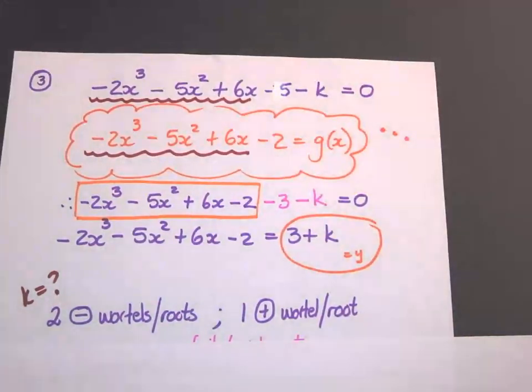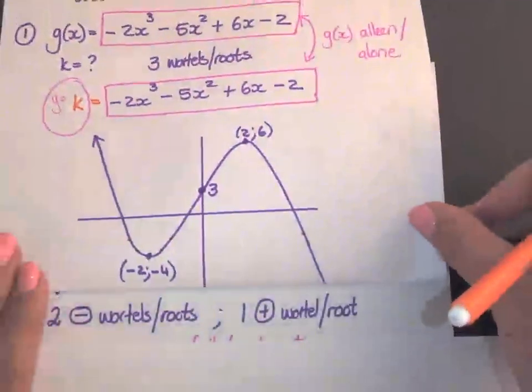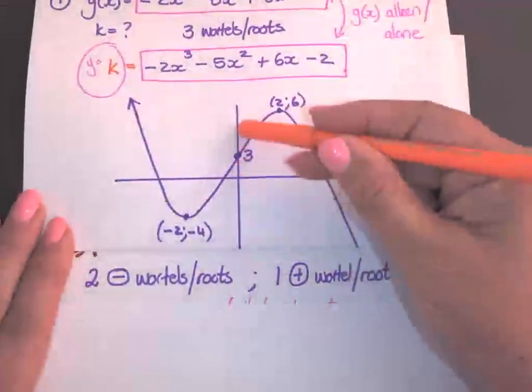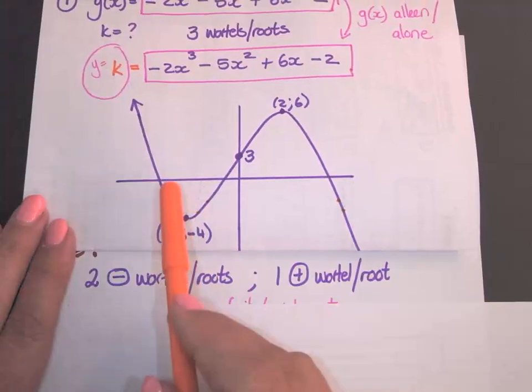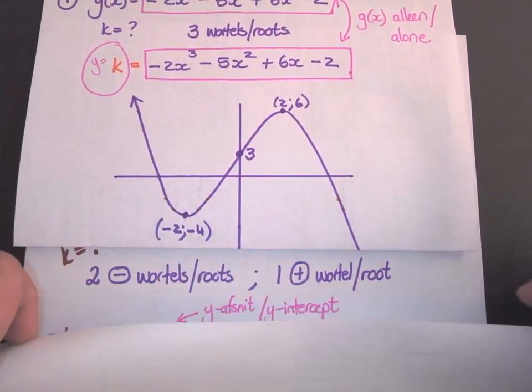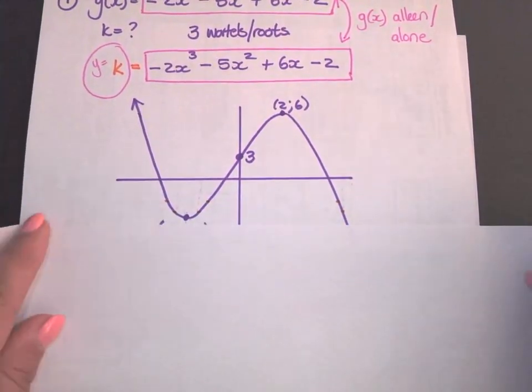Okay. So there's my graph. What must the value of y be in order to have 2 negative roots and 1 positive root? Okay, let's think together.